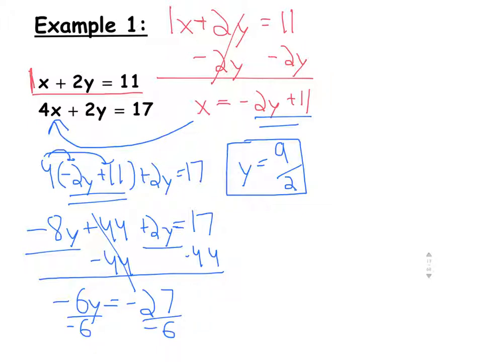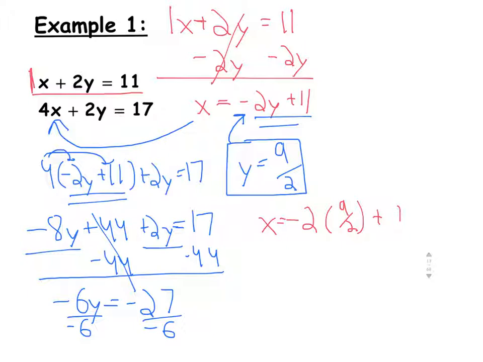And now I can take this y value and plug it in for what x equals, right? We know that x equals negative 2y plus 11. Well, now I know what y is. Y is 9/2. And so let's go ahead and plug it in here so that we can solve for x. So that's going to be now x equals negative 2 times 9/2 plus 11.